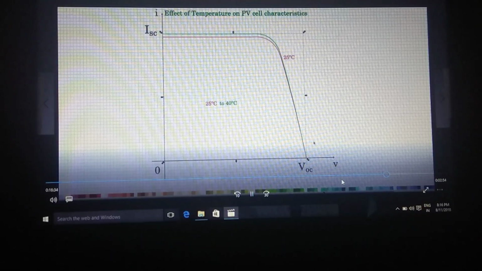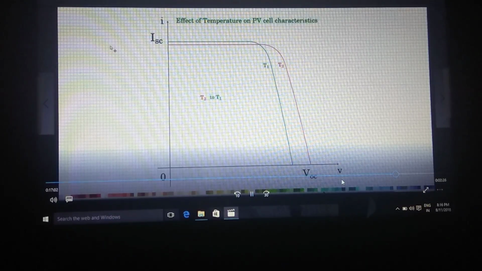VOC would decrease with increase in temperature and it will decrease in inverse ratio. So the changed PV cell characteristic curve would look like this, the one shown in green. So as temperature increases, the characteristic shifts in this manner.